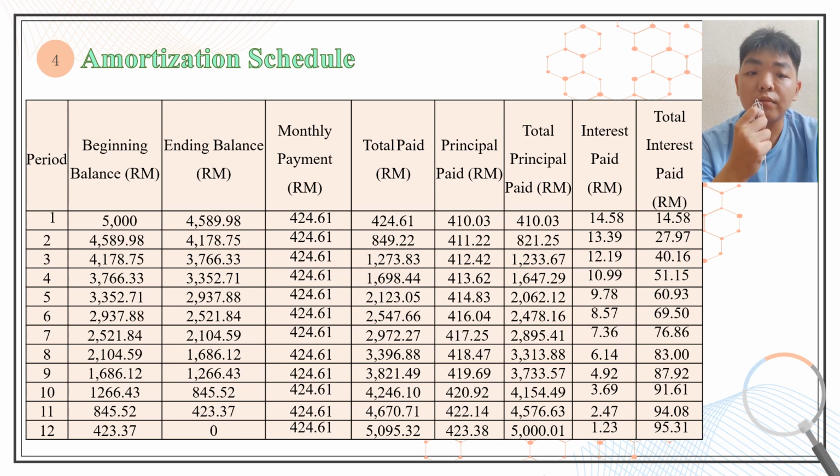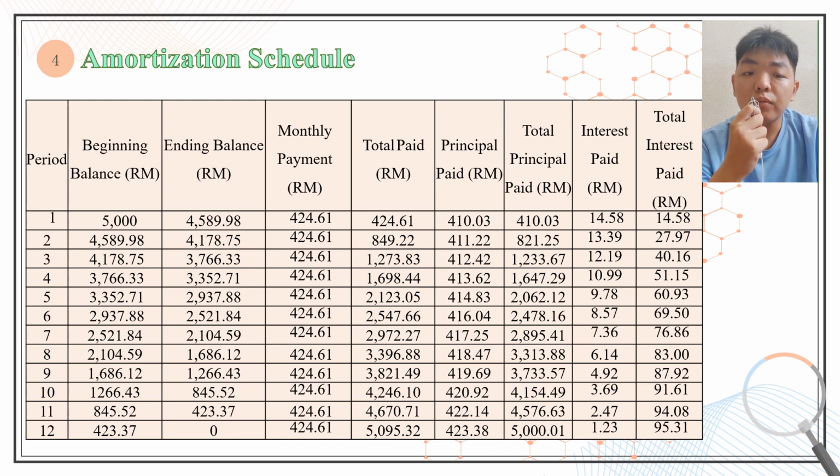The monthly payment is 424.61 ringgit taken from 4A. Total pay, which is accumulated monthly payment. Beginning balance, which is formula 10,000 minus 5,000 equal 5,000. Interest paid, which is formula 5,000 times 0.035 over 12 equal 14.58 ringgit.